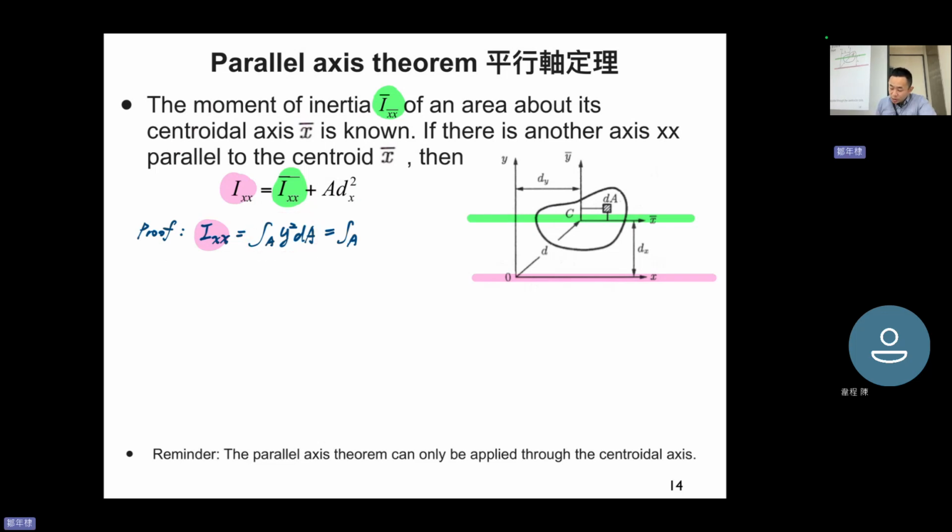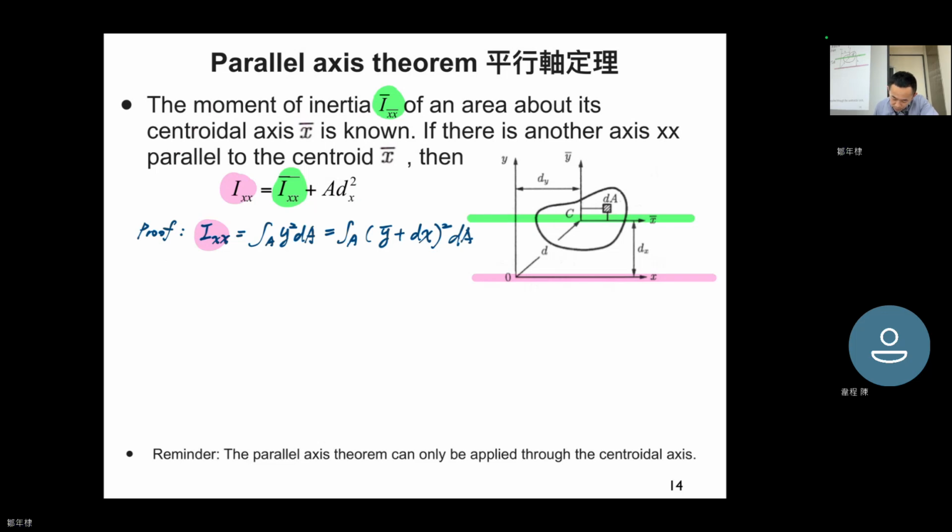So relative to the x bar and y bar, what's the difference? Let's take a look. y bar plus dx, squared, dA.